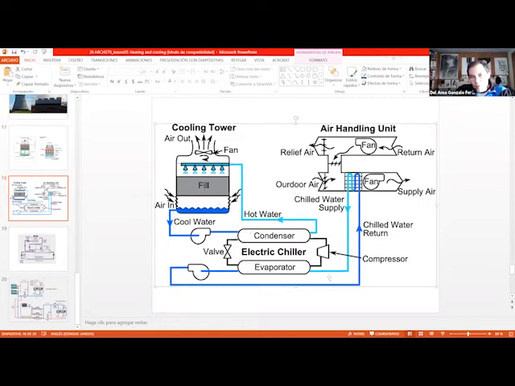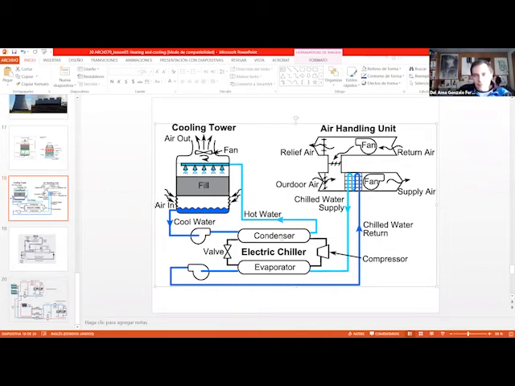And then from the evaporator, we have cold water here, and we return warm water to the evaporator, and then we have this circuit with the refrigerant, and then it refrigerates the water again.